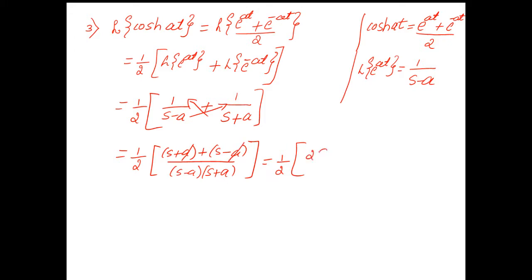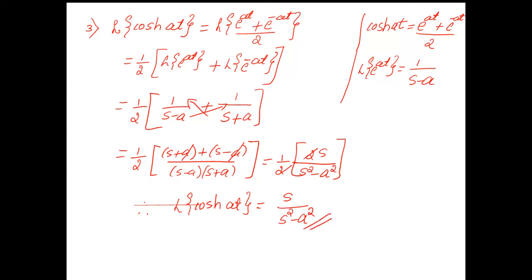So 2s, divided by s minus a into s plus a. Since a plus b into a minus b is a square minus b square, we get s square minus a square, and the 2 also gets cancelled. Therefore, the Laplace transform of the hyperbolic cos function is s divided by s square minus a square.